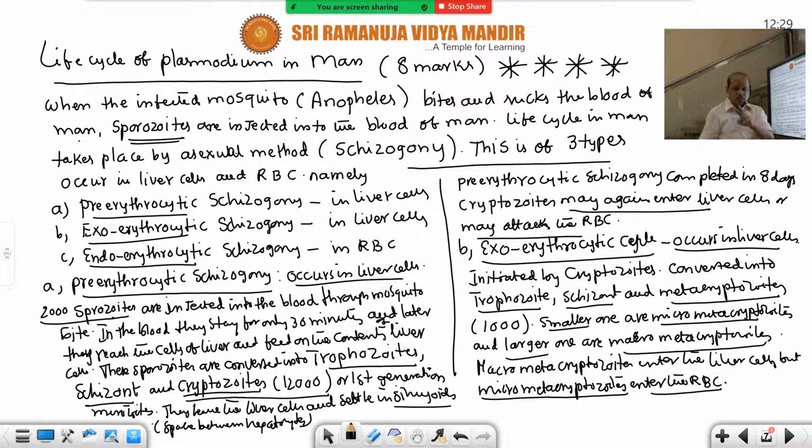What are the names of the two stages? This is a 2 marks question, because these two points are clubbed in that question: name the stages which are infective to erythrocytes or RBC. Cryptozoites of the pre-erythrocytic cycle, and micro metacryptozoites. Double underline these.